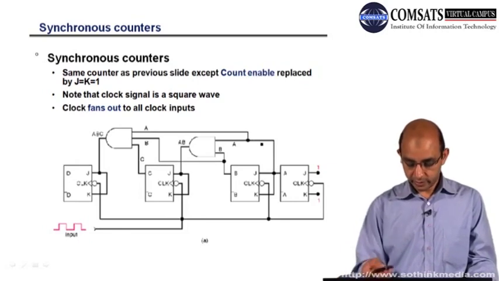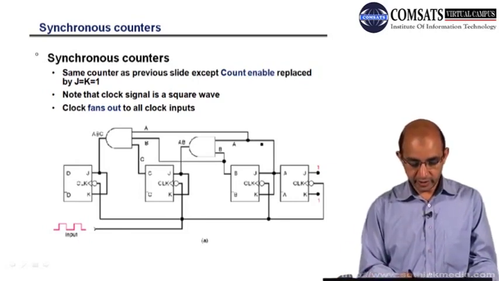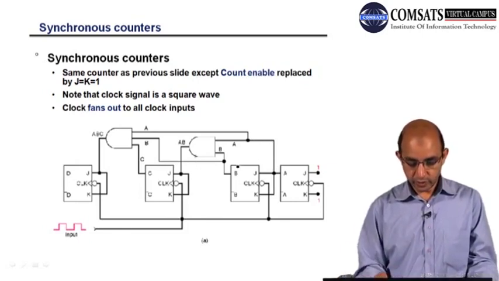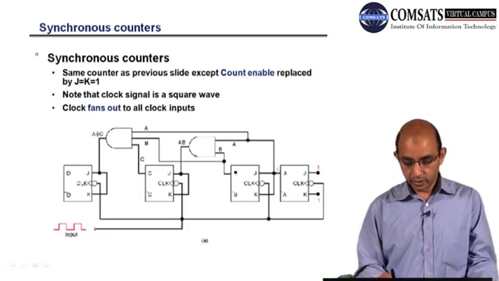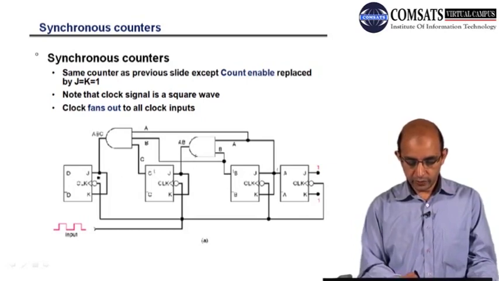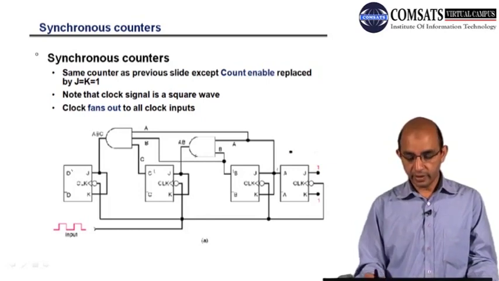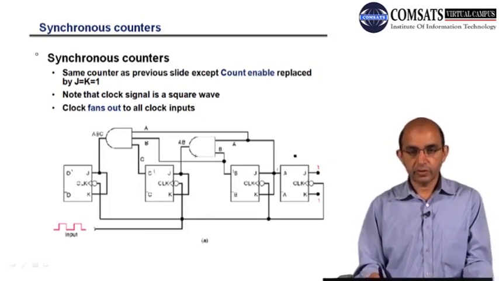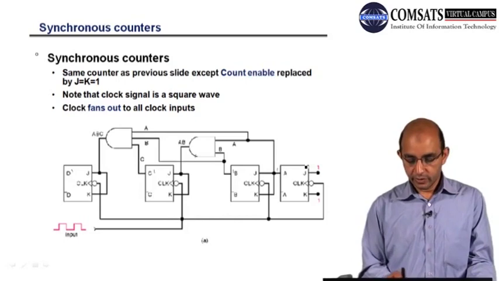So let's verify this. We have all ones, 1, 1, and as a result of this 1, 1, we have all ones. So in the next clock pulse, all has to reset.